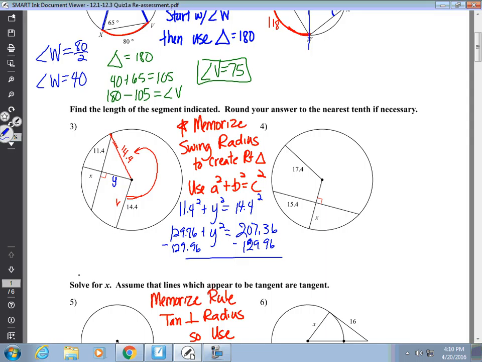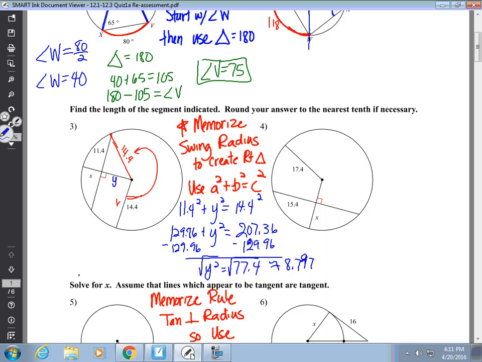I think we did these in class, right? Yeah. Y squared equals 77.4, and then you're going to take the square root of that. Once we get that answer, that only represents the leg that we're finding. So this comes out to a crazy number, 8.797, I believe. So we're going to round this to 8.8.